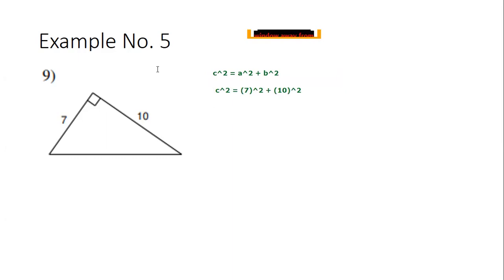So 7 squared is, we all know that's 49, plus the square of 10, that's 100.